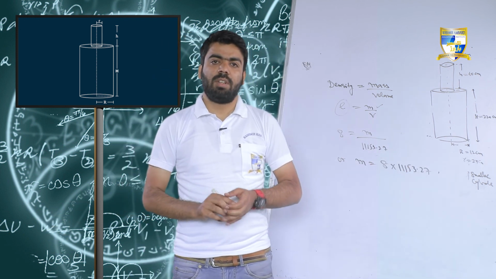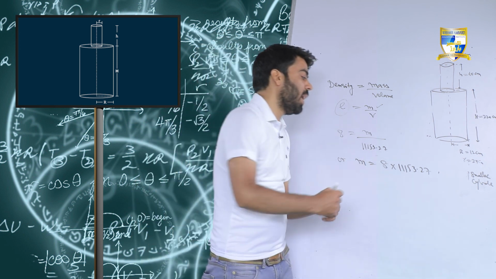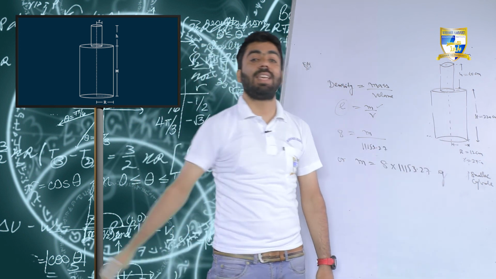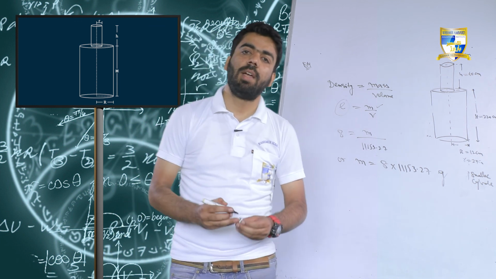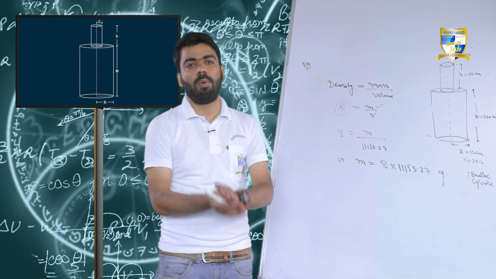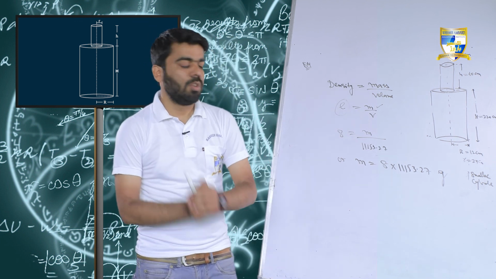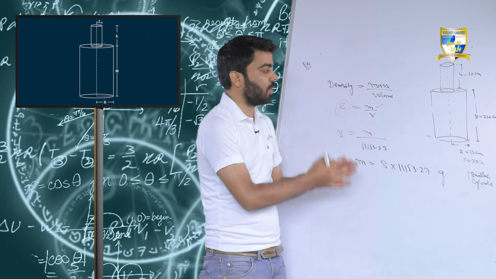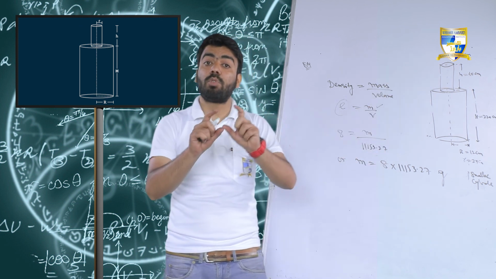Am I clear about it? So we can get the mass, but the mass will be in grams. If you want the mass in kg, so simple, you have to divide it by 1000. Right, beta?